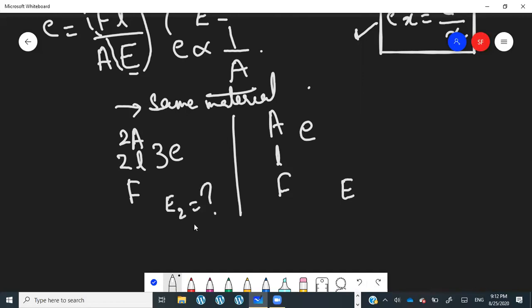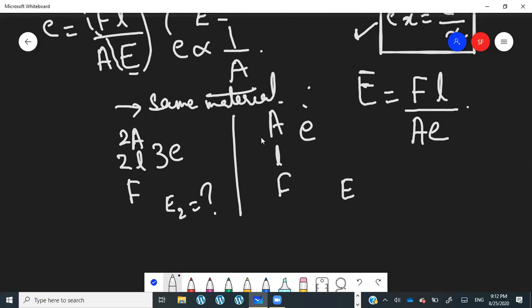Okay, now this is the question. Basically, what's the formula for Young's modulus? FL over A small e.